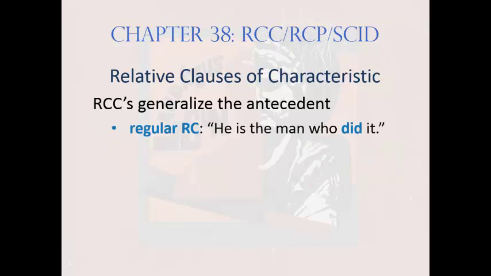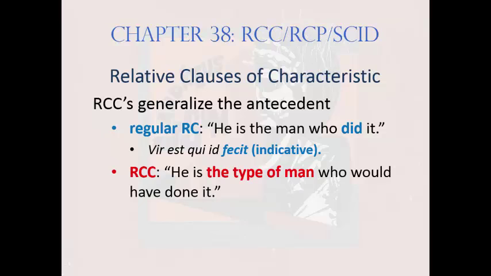Let's look at what this will look like in Latin. A regular relative clause like he is the man who did it will be vir est qui id fecit. The verb fecit is indicative, indicating that he's the man who actually did it. A relative clause of characteristic, like he is the type of man who would do it, will have a subjunctive verb and look like this: vir est qui id fecerit.